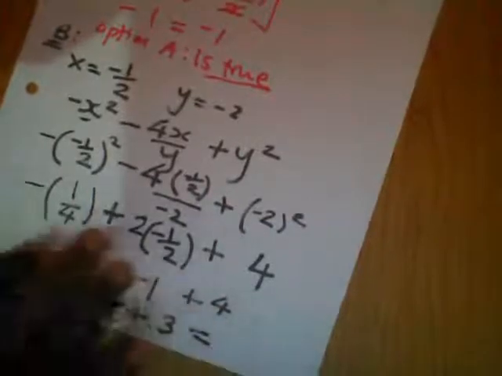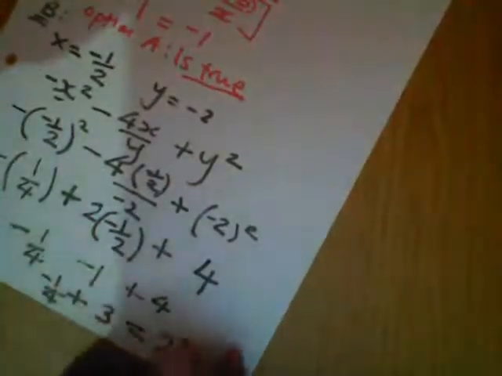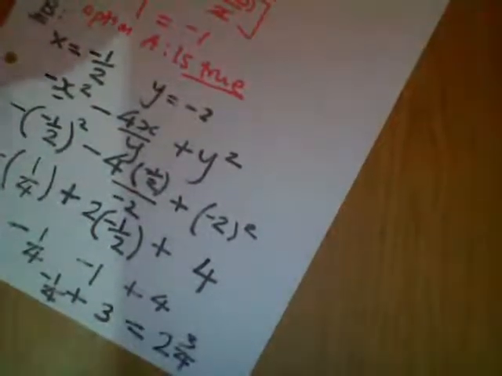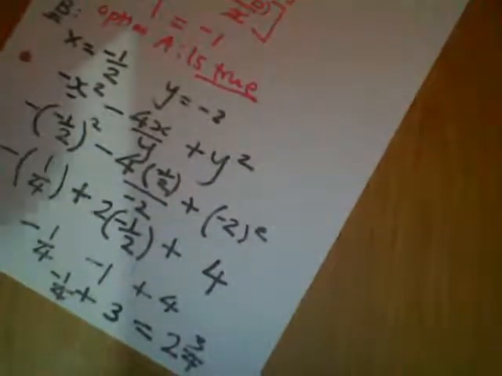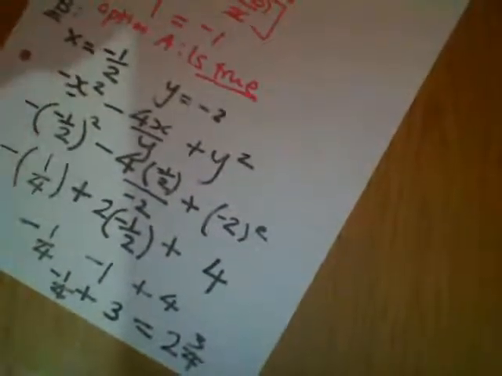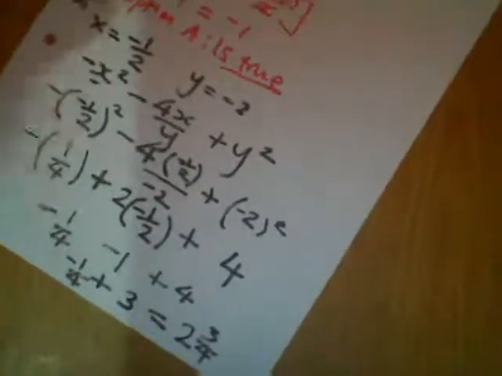Now when you pull this together, finally, negative 1 plus 4 equal to 3, and this negative 1 over 4, which is equal to 2 3 over 4. So it's true. The second option is true also.